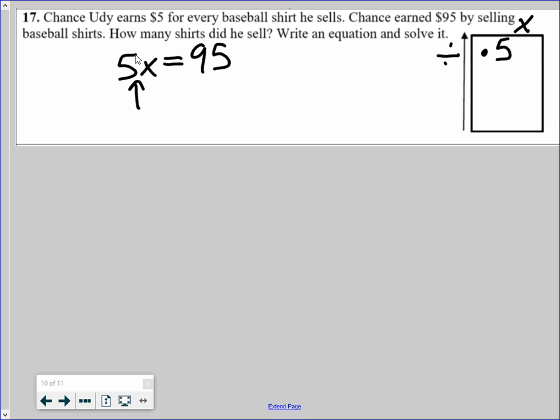And so we're going to divide by 5 to both sides, to find out how many baseball shirts Chance has sold. So divide by 5, divide by 5. 5 divided by 5 divides to a 1. I'm left with 1x, or just an x, equals 95 divided by 5, which is 19. So we have x equals 19.